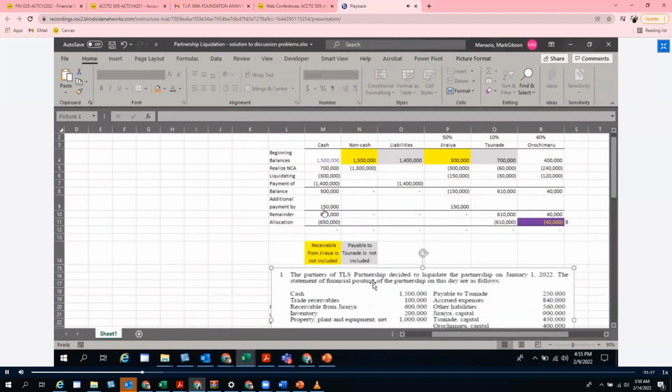Remember class, receivable from Jiraiya, umutang si Jiraiya sa partnership, but again, during the partnership liquidation, the priority would be to settle yung mga third party, no? So later on, we'll check how are we going to account, no, for the receivable from Jiraiya. Sige, tuloy lang muna natin.